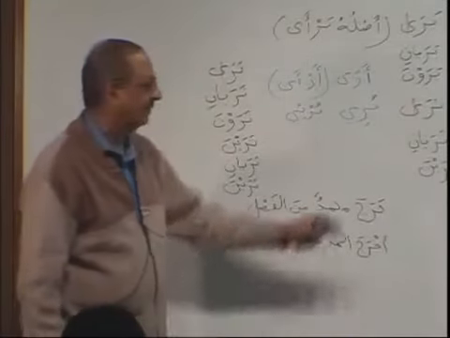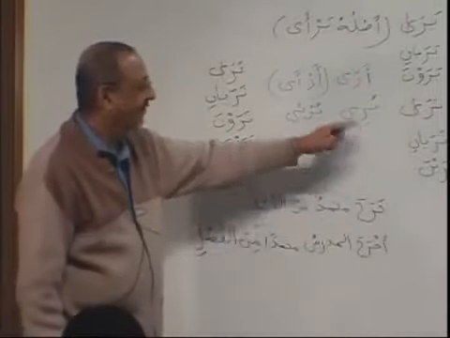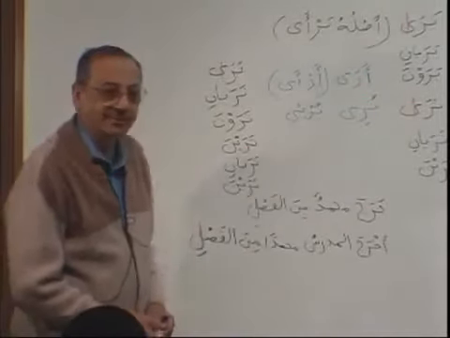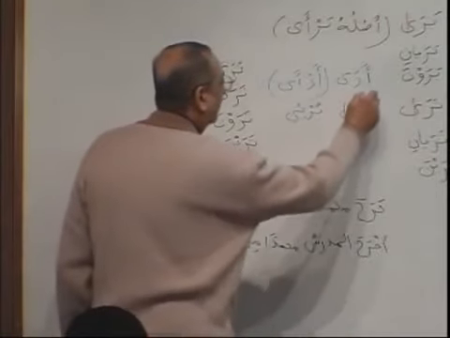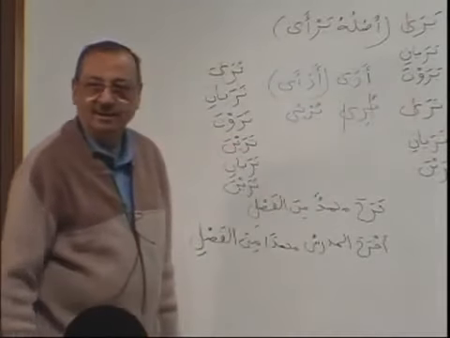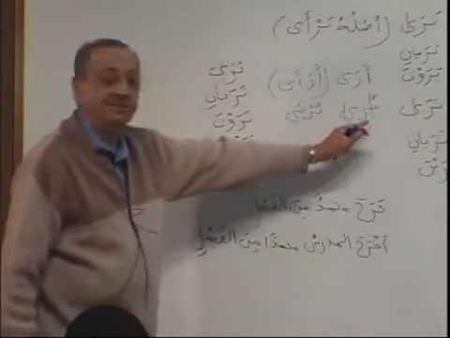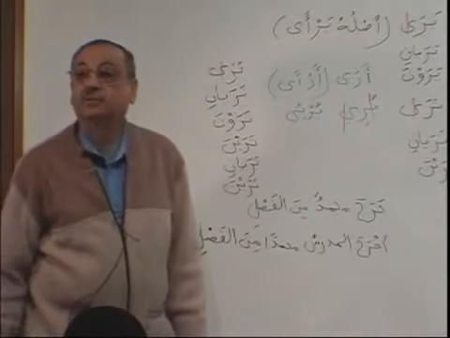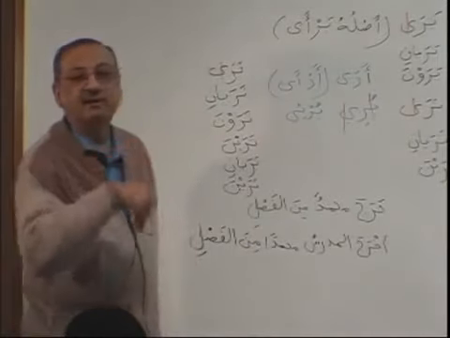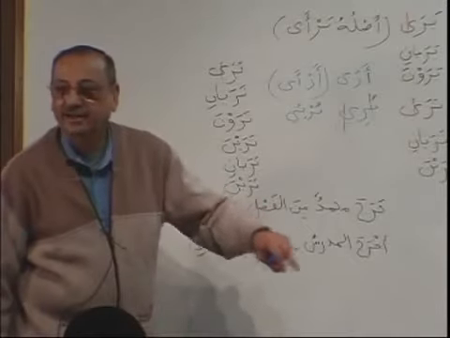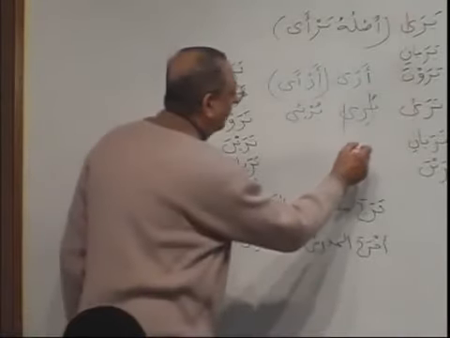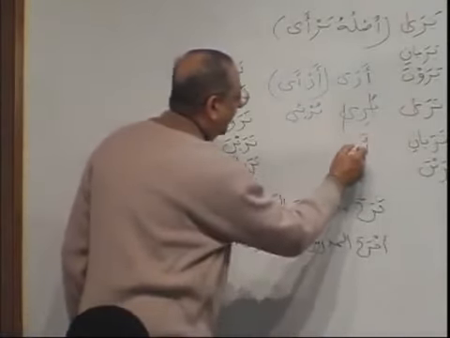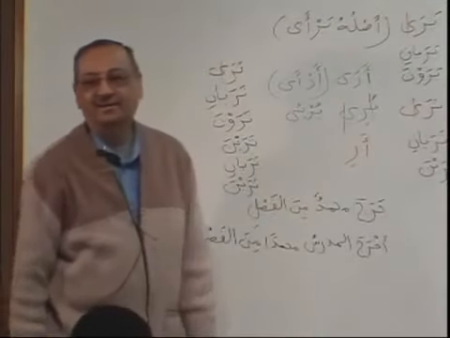We make Amar from Turi, but since it's written there, chop. Chop here, chop. But now the Alamatu Mudari'a is gone. Hamza has to come back and occupy its proper place. So we brought the Hamza back, and now it is Ari.